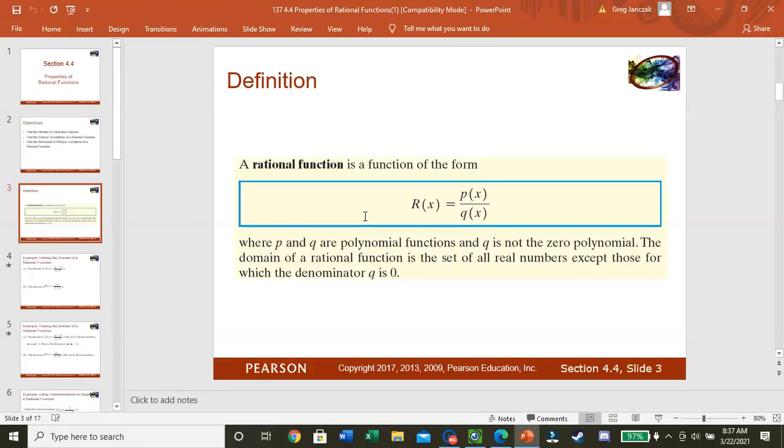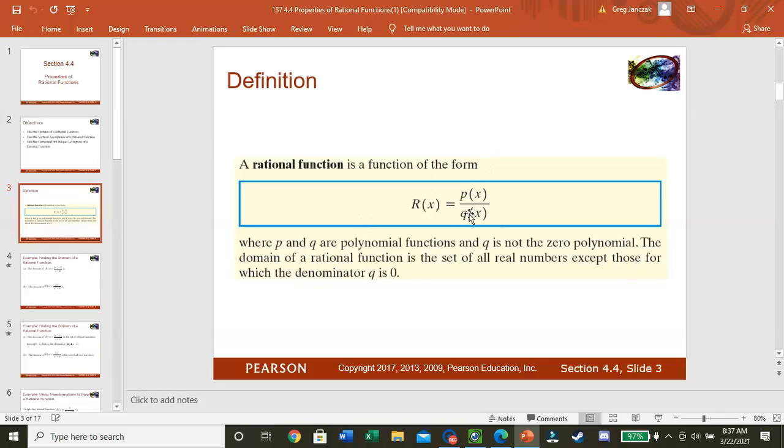Here's our rational function, right? It's our function in fraction form, where P is a polynomial and Q is a polynomial, where the domain is all real numbers except where the denominator is 0.